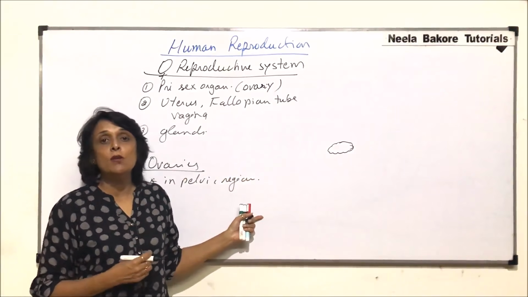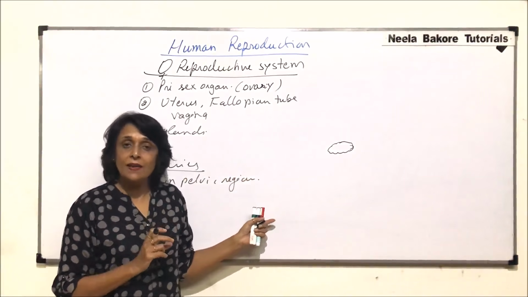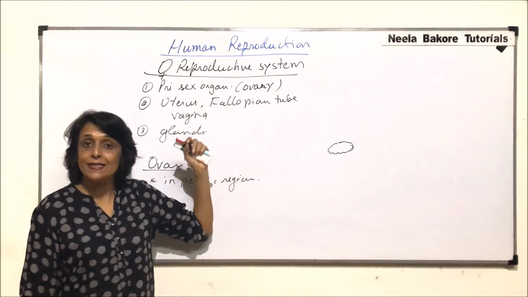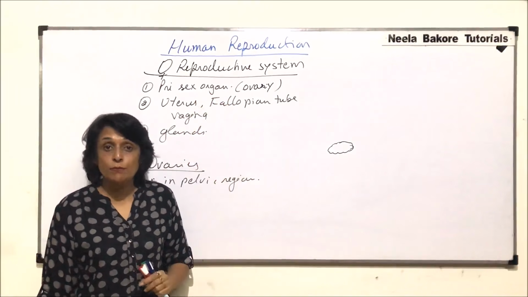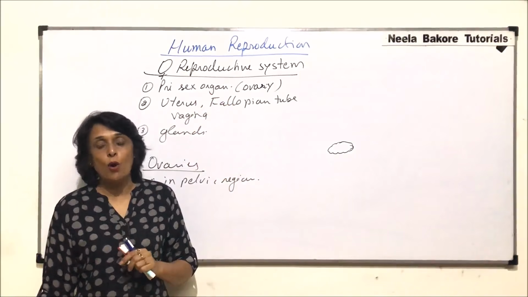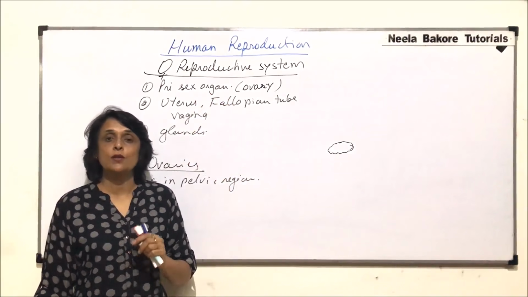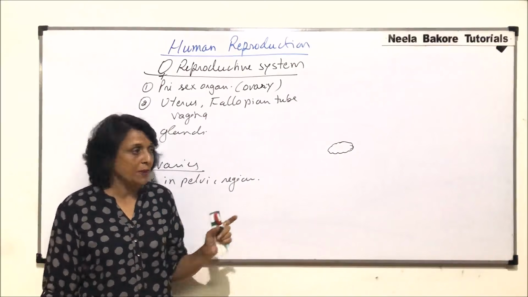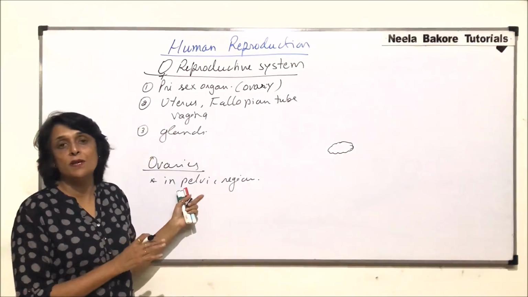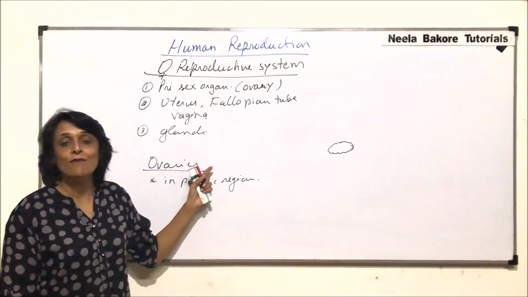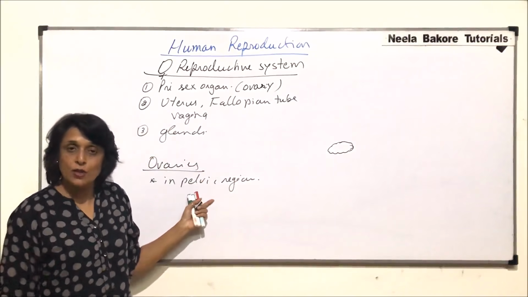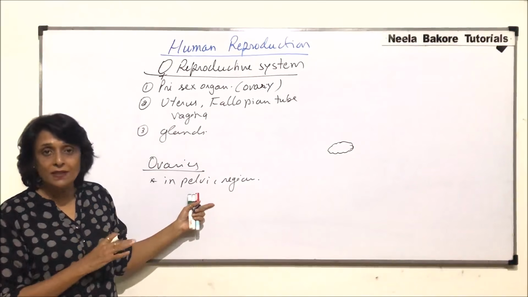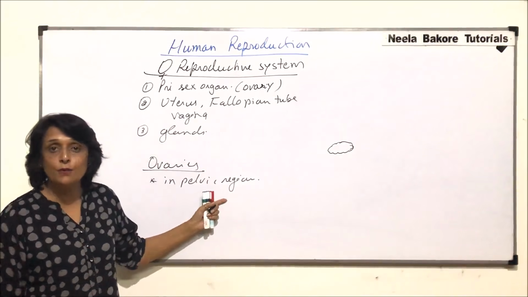If you recall, in the male reproductive system, the primary sex organ, the testes, are extra-abdominal. The reason was, for sperm formation, the temperature required is 2 degrees below the body temperature. No such temperature requirement is seen for egg formation. And that is why the ovaries are always in the abdominal cavity in the pelvic region.